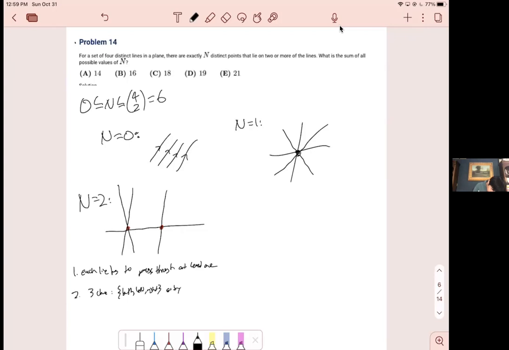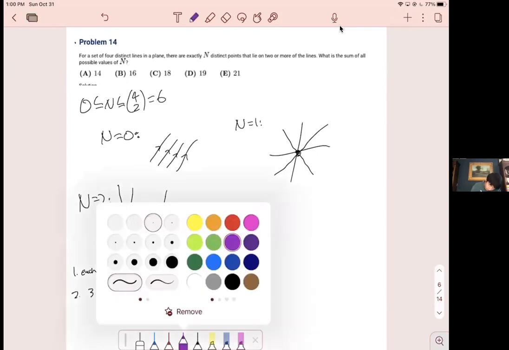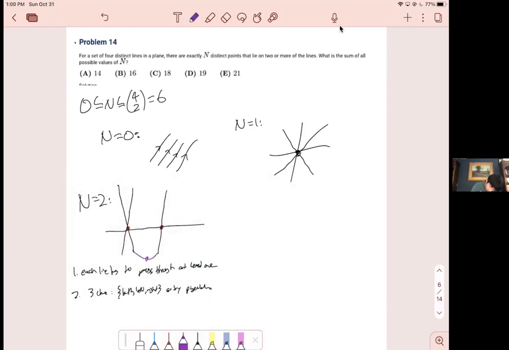So by pigeonhole, there are 2 lines which have the exact same setup. You can't have them both go through both because they have to be distinct lines. So you have to have something like this, but then these 2 lines will end up intersecting. So there are at least 3 points and you fail, unfortunately.